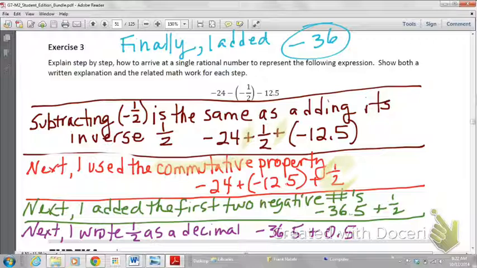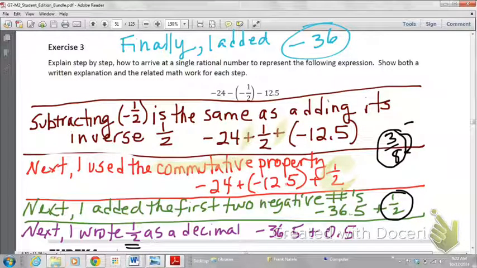Now, purple's really important part, and hopefully you guys can grasp this and do this well. Again, with 1/2, this does not take much effort, but there will be other fractions that will not be as easy to convert to decimals. Okay, so right here you can see in purple, next I wrote 1/2 as a decimal, and that of course is 0.5, very easy, but there will come a time maybe you'll have numbers like 3/8 and you'll want to use maybe a calculator to figure that one out, and 3 divided by 8 would give you a certain value.